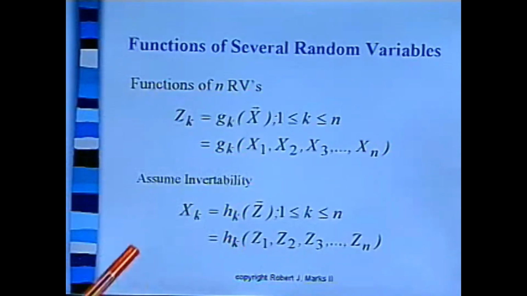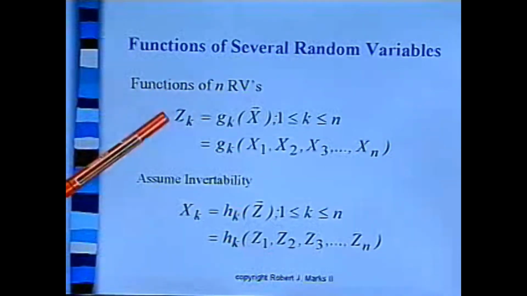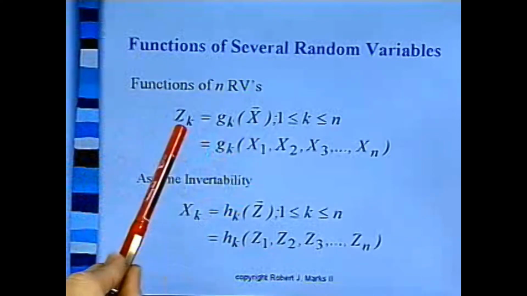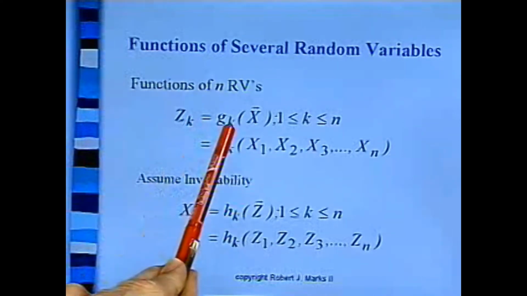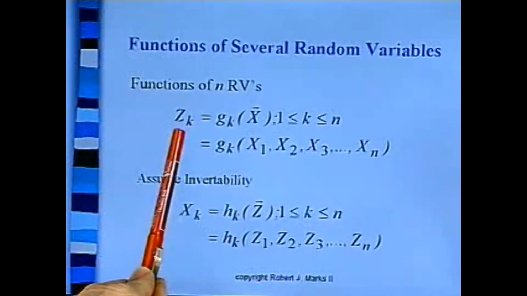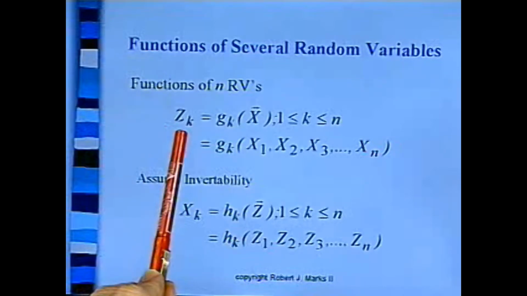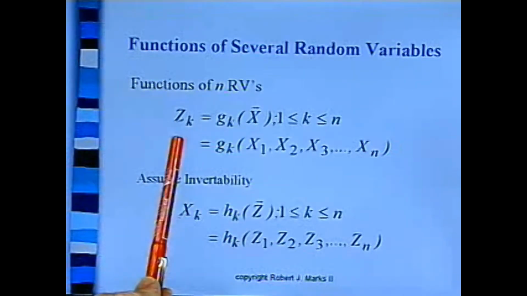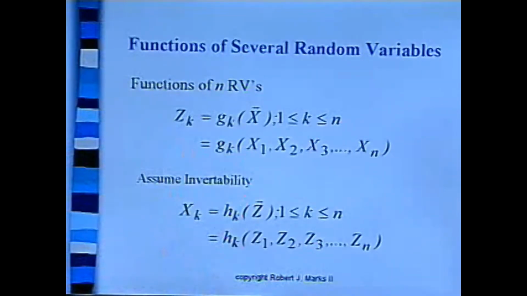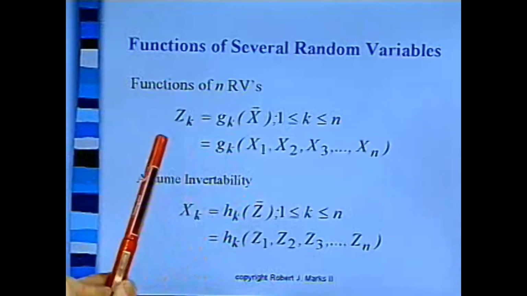Here's the concept. We have functions of n random variables. Z sub k is equal to some function of the random variables, but each one corresponds to a different function. Like z1 could be x1 times y, or x1 times x2, z2 could be x2 divided by x1, etc. So each function can be totally different.